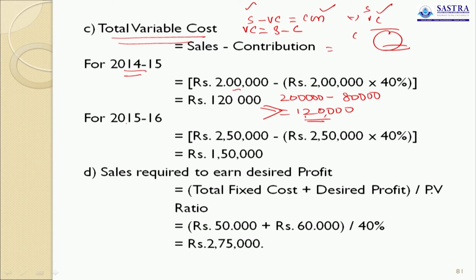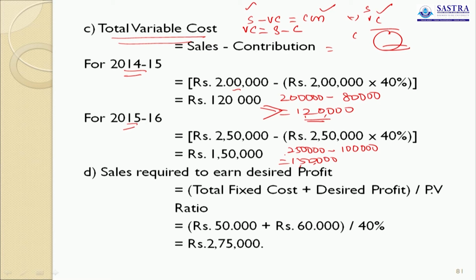For 2015-16, sales 2,50,000 minus PV on sales 1 lakh. So 1,50,000 is variable cost for the year 2015-16.